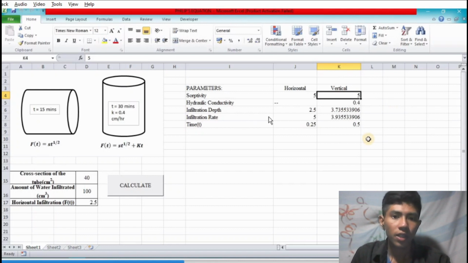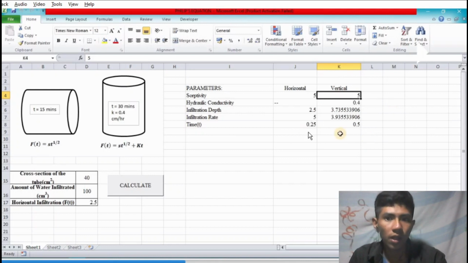So, mapapansin nyo rin, nakita ko na rin agad yung infiltration rate of this both. Infiltration nitong isa is 5 centimeter per hour, and this one is 3.935533906 centimeter per hour.